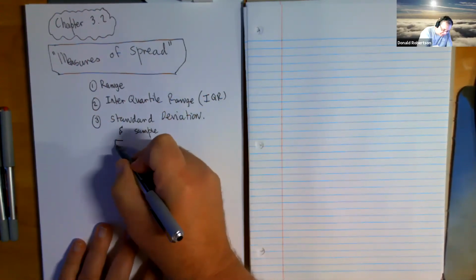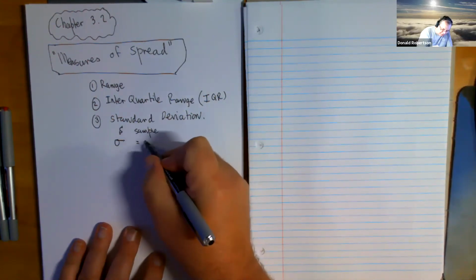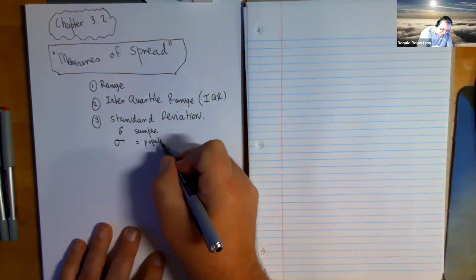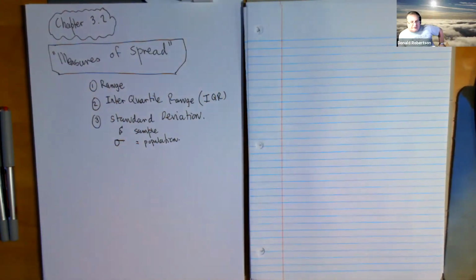And it's called this funny little Greek letter here, sigma, if it's from a population. So if you get a question that says find S or find sigma, then you'll know what you're being asked to do.